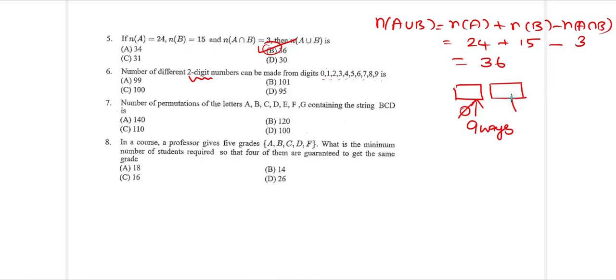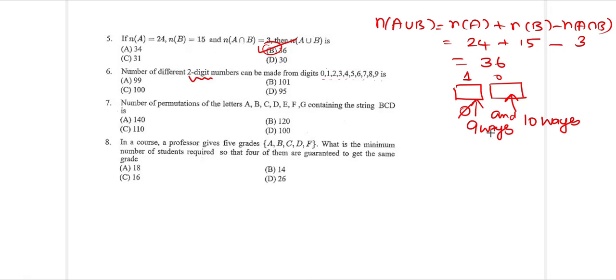Now coming to the second box. This box doesn't have any restriction. Even if I fill 1 over here, I can fill a 0 in the second box, so 10 is a two-digit number. So how many options does this box have to get filled up with? It has 10 ways or 10 options. So the first box can be filled in 9 ways and the second box can be filled in 10 ways. So totally this two-digit number can be formed with this and this.